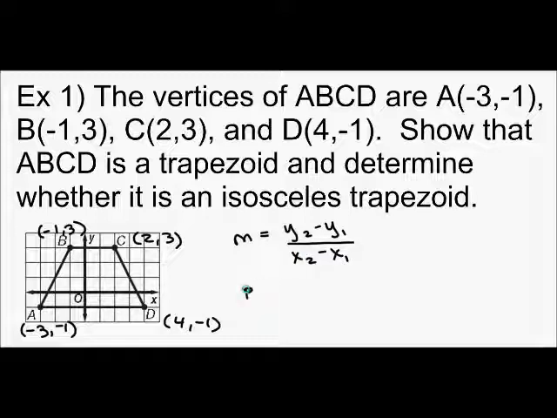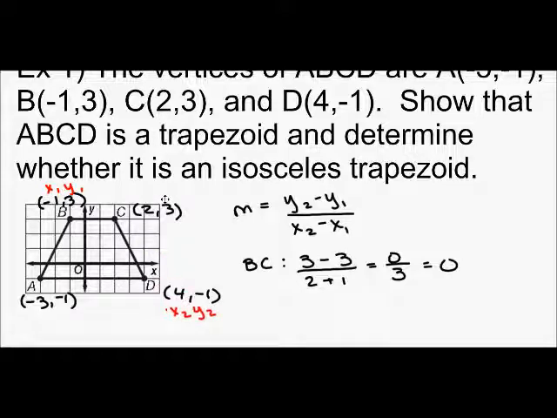Let's find the slope of BC first. So x1, y1, x2, y2. I'm going to have 3 minus 3 over 2 minus -1, or plus 1, which gives me 0 over 3, which is 0.